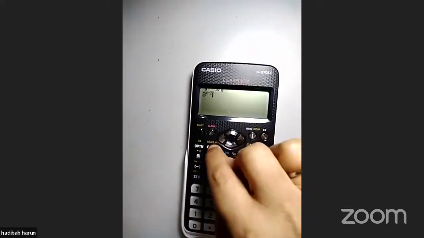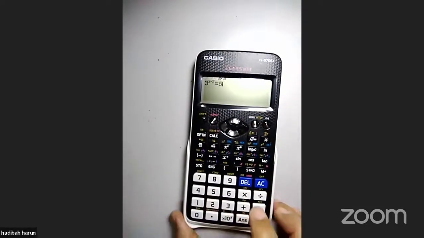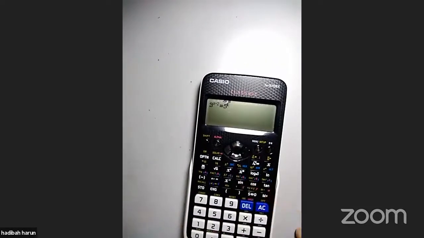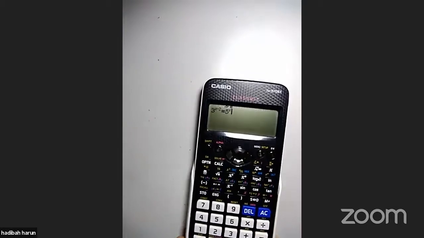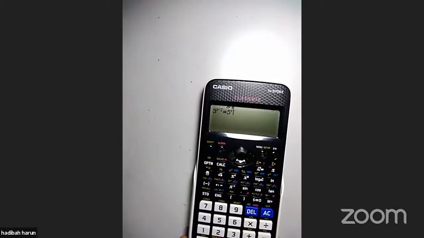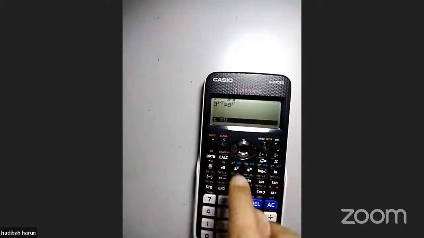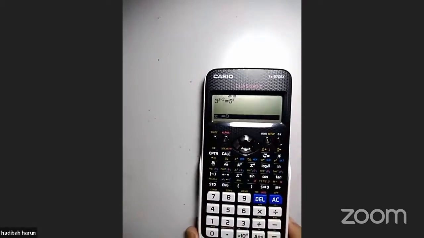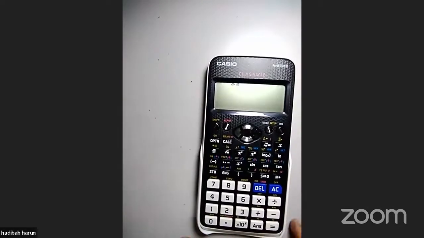This equals to 5 to the power of x. Bring down the cursor first, then you are going to shift solve. There you can see x is equal to 0. Then only you press the equal sign.